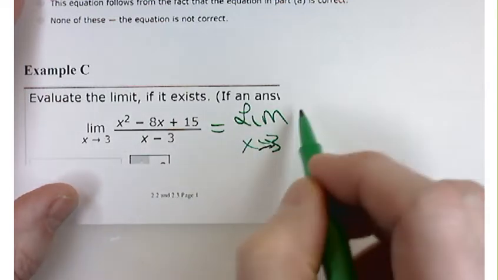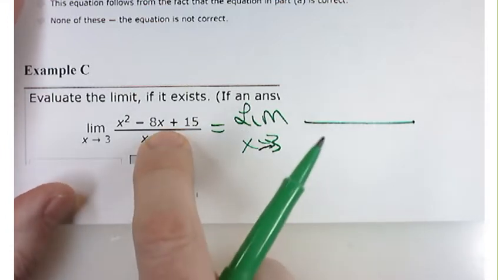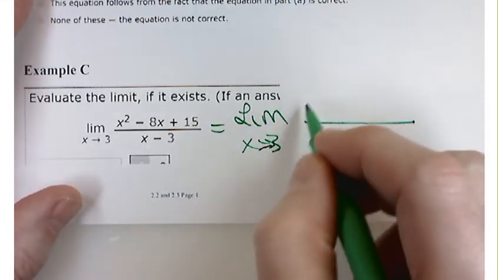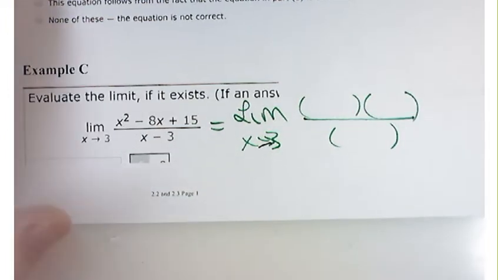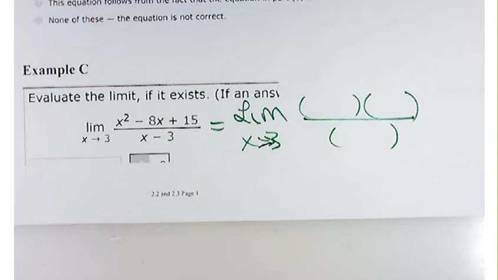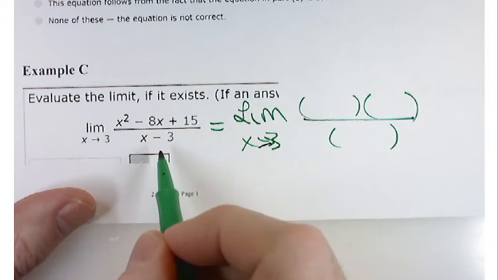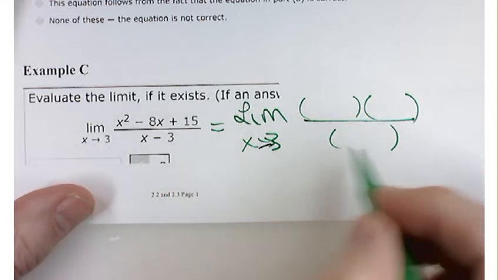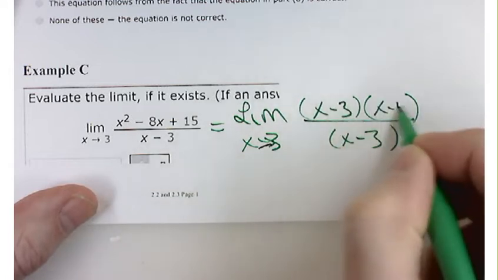As x approaches 3, is there anything I can do with this numerator? Yeah, it's going to factor. Good. In fact, you might go out on a limb and say, I wonder if one of the factors is going to cancel with its denominator. I wonder if they created it that way. And the answer would be yes.